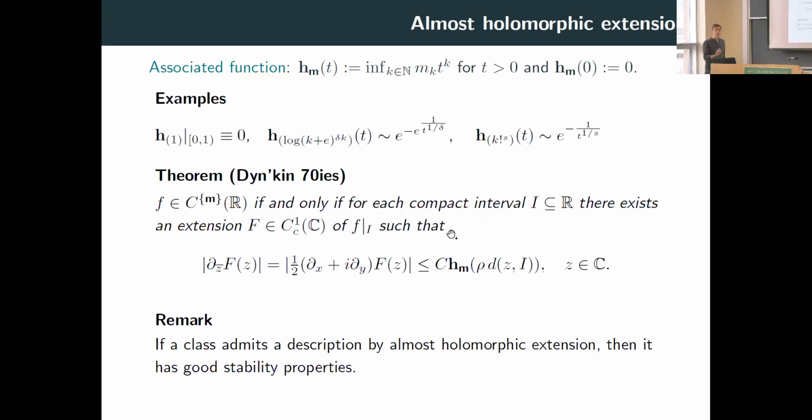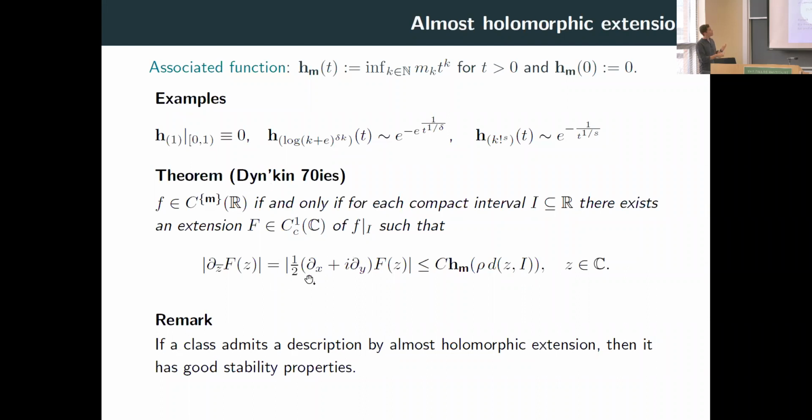And it's actually easier to show it than for the usual definition, because you have to control only one derivative instead of infinitely many derivatives all at once. Okay. I should also mention that there is also a characterization of this type of the C infinity class.